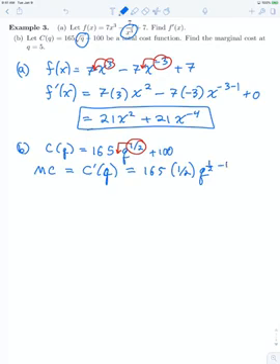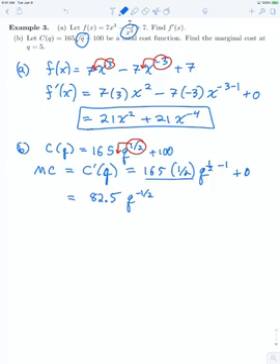So 1/2 minus 1, and then again plus 0 at the end. I will clean this up a little bit. This is 82.5 when you multiply 165 by 1/2, q to the negative 1/2.